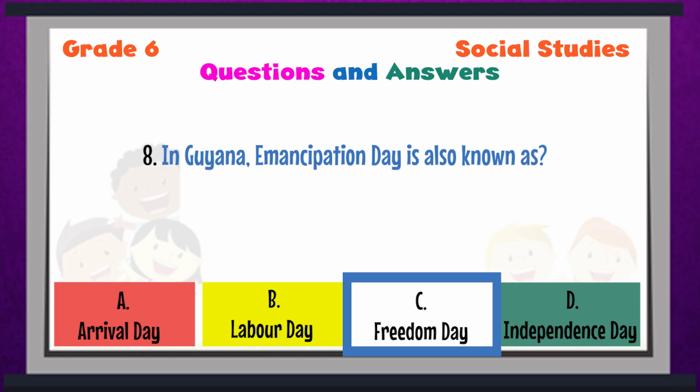Of course, boys and girls, those other days, Arrival Day, Labor Day, and Independence Day, are national holidays. They are celebrations that we participate in or we observe in Guyana. But of course, they do not refer to Emancipation Day, only Freedom Day.